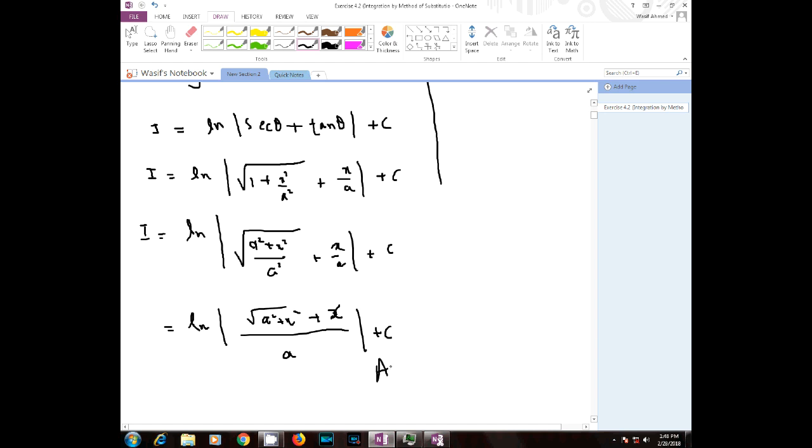So this is the answer, and this is exactly the definition of sine hyperbolic inverse x divided by a.